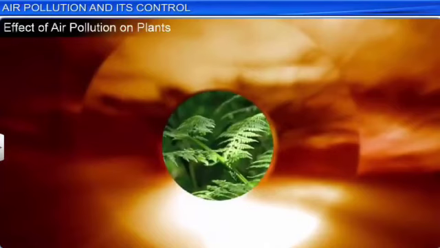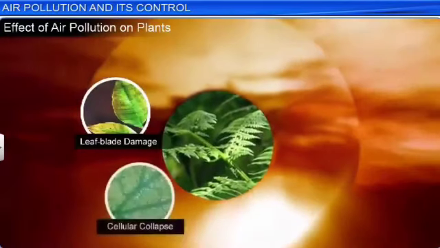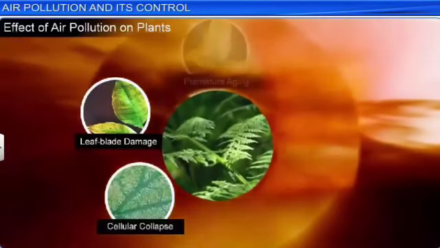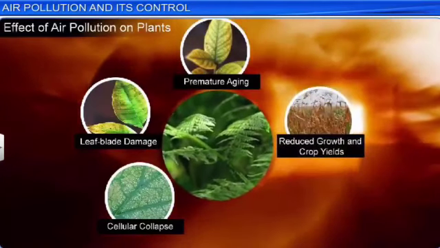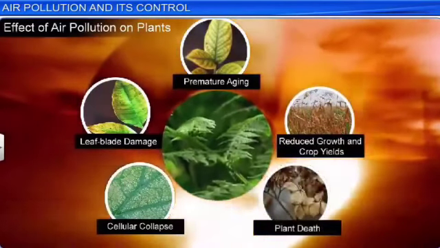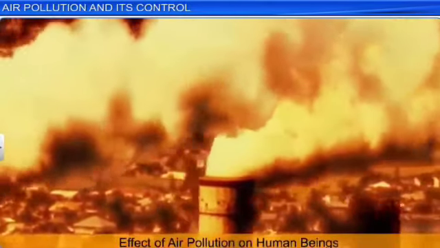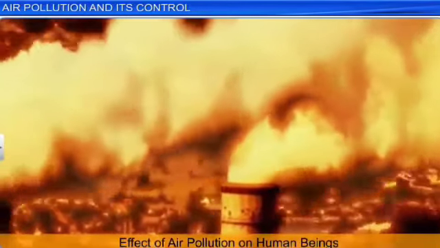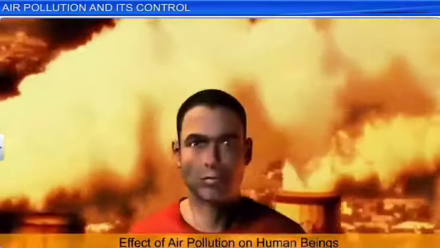When plants are exposed to polluted air, they may exhibit leaf blade damage, cellular collapse, premature aging, reduced growth and crop yields, or the plants may even die. Like plants, the harmful effects of air pollutants are seen in animals, including human beings.